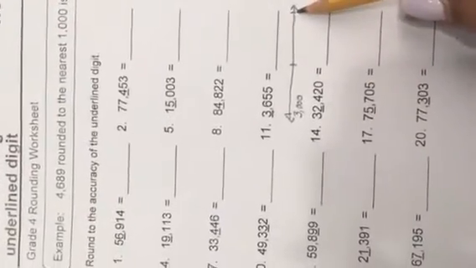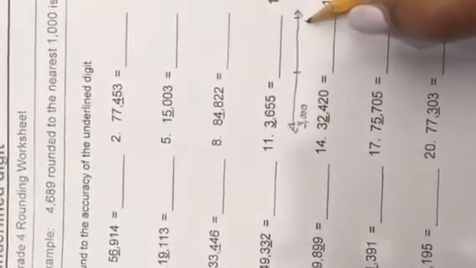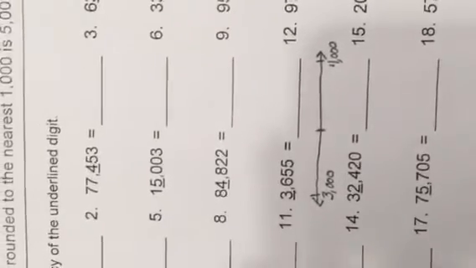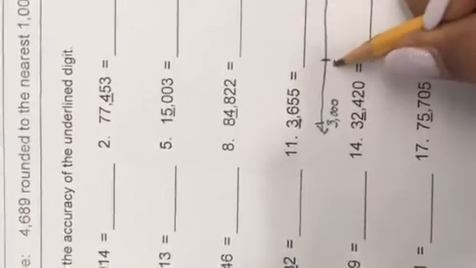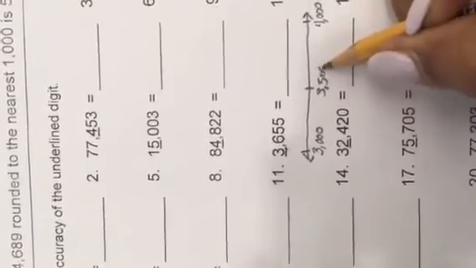Then the ending point would be the next 1,000, so it would be 4,000. Then I must consider what would be in the middle between 3,000 and 4,000, and that, of course, would be 3,500.